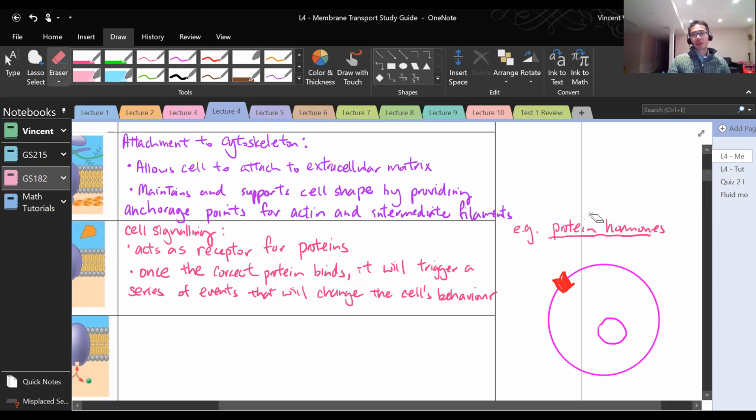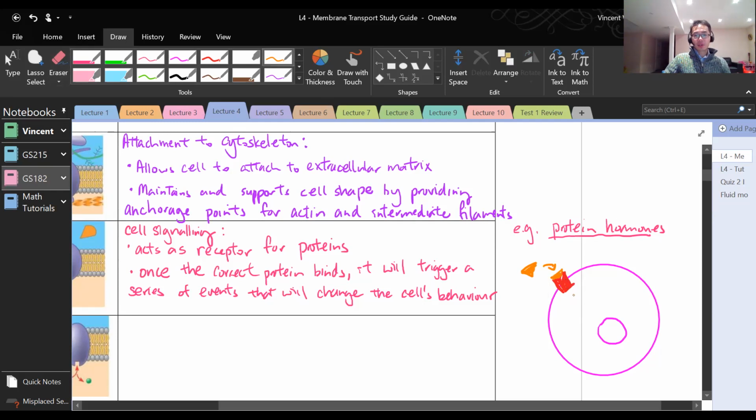If we're talking protein hormones, it will only allow proteins of a certain shape to bind. As you can see here, this receptor will only allow the triangle protein hormones to bind. So once this binds to it, maybe I use a different color, this is going to come here and bind to it.